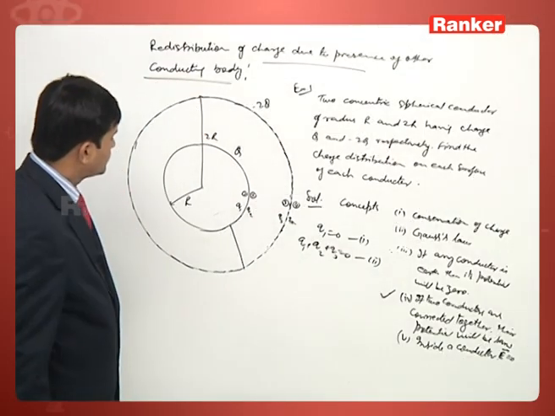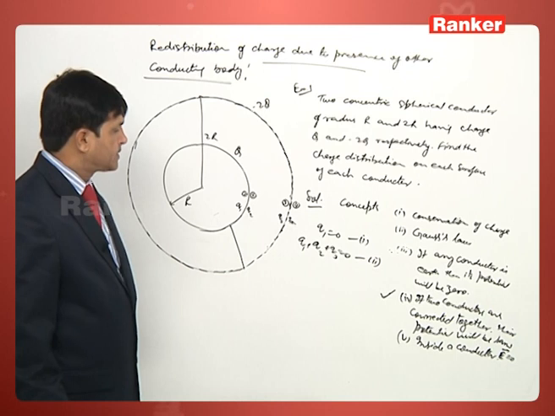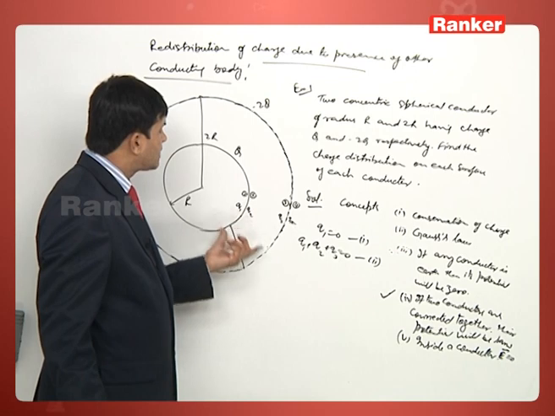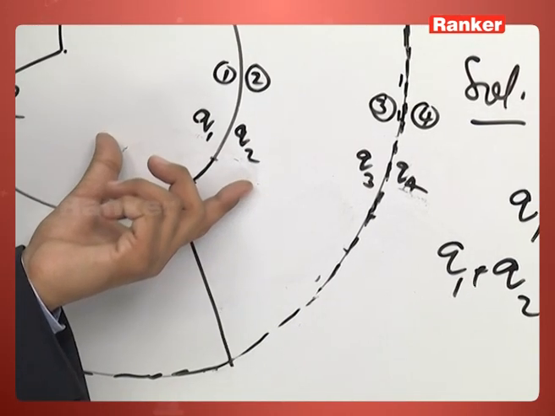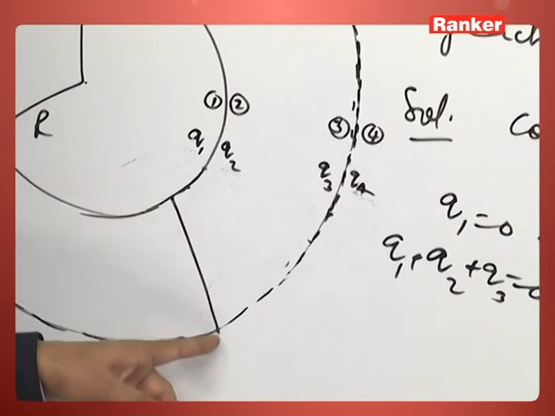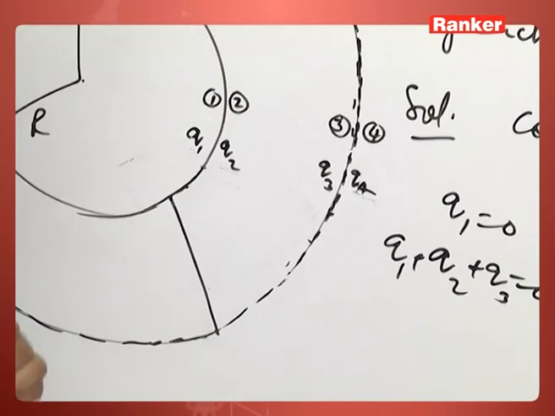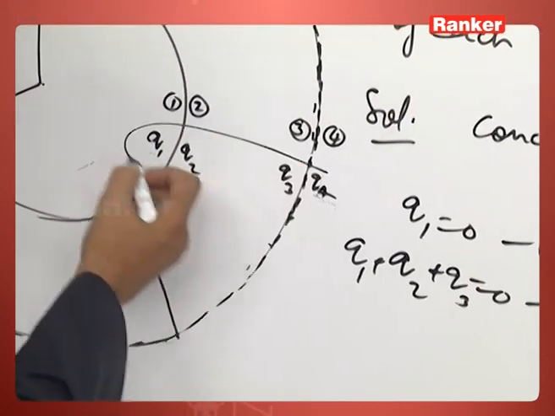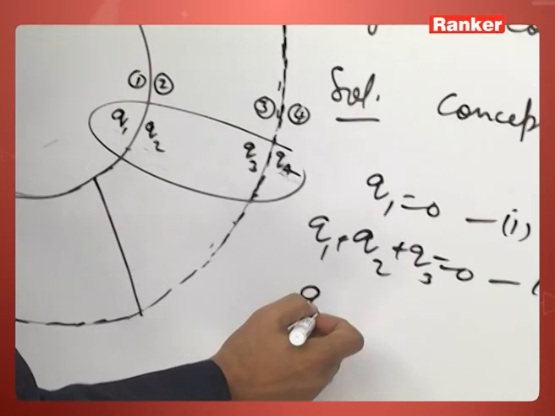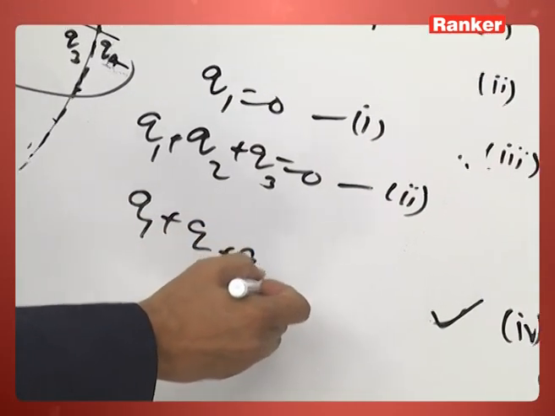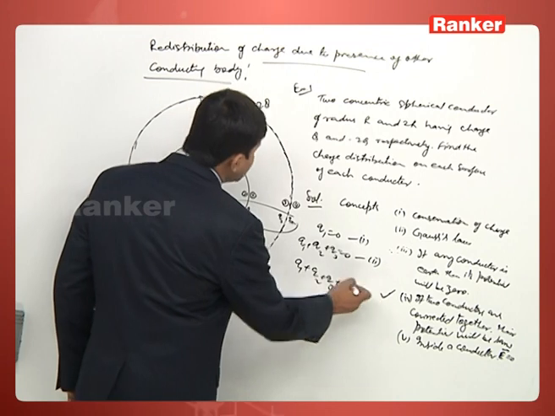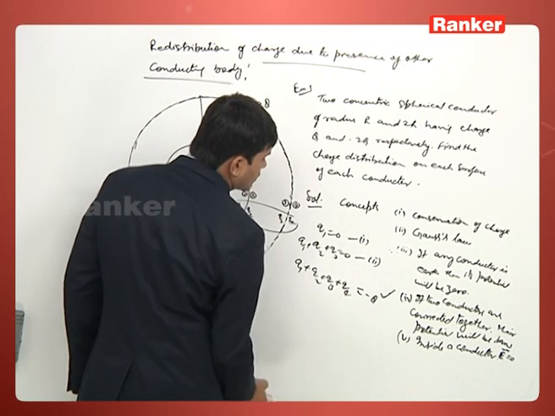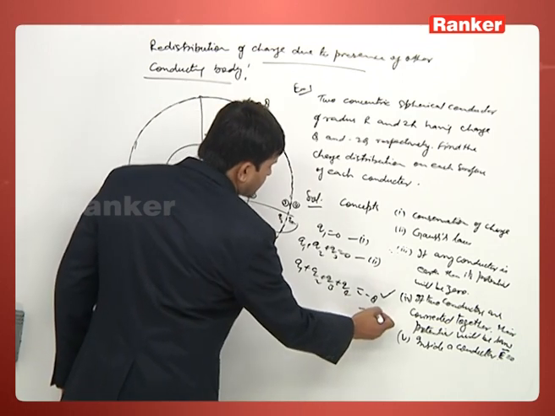And third, by conservation of charge: an individual conductor's charge cannot remain the same, because when the two conductors are connected, charge can flow between them. So the sum of the charge on these two, Q1 plus Q2 plus Q3 plus Q4, is equal to the total charge. The total charge is Q and minus 2Q, so it will be minus Q. So this is your third equation.